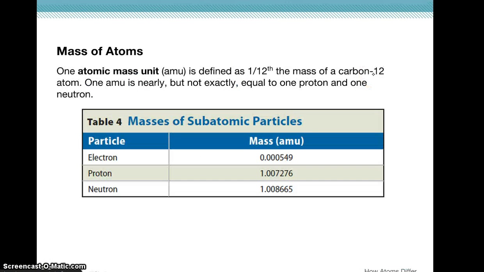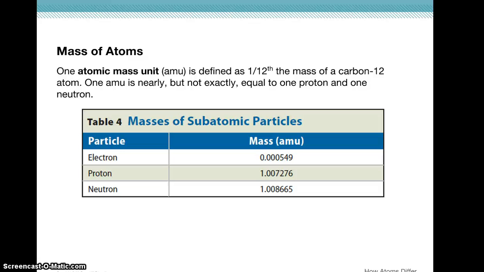Okay, so we've talked about mass number, but we haven't actually talked about the mass of actual atoms. And we use a unit called an atomic mass unit, or an AMU, to define the mass of an atom, rather than using those tiny itty-bitty little numbers in grams that we saw earlier. Scientists redefined the mass of an atom to equal 1/12 the mass of a carbon-12 atom.